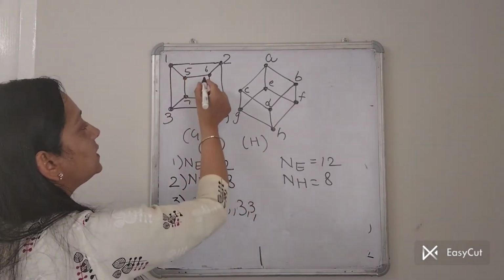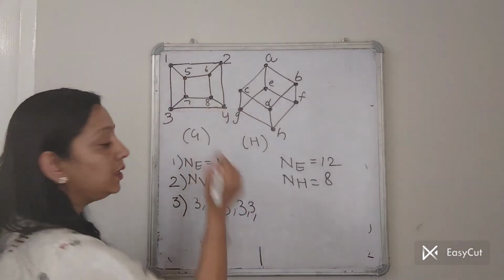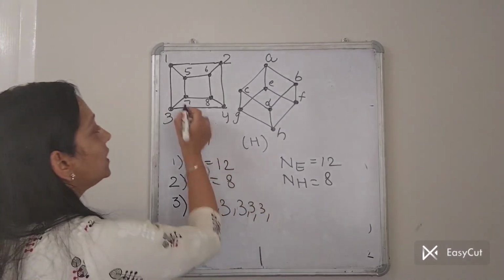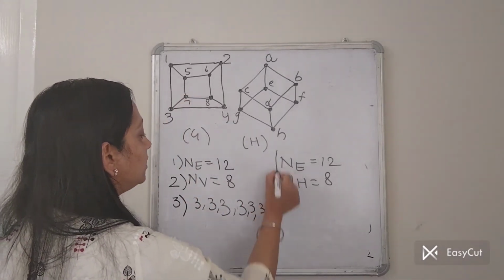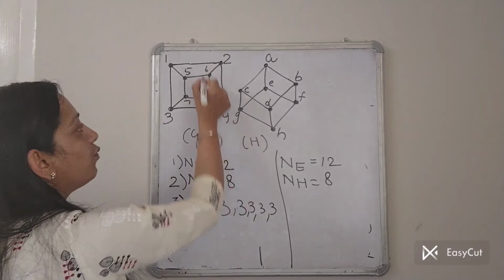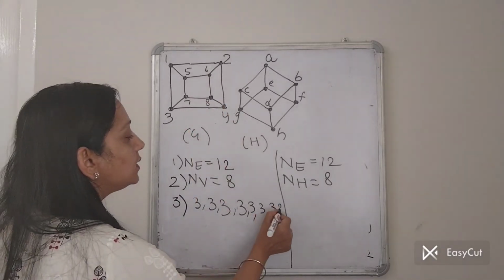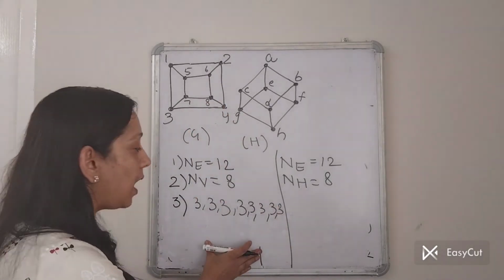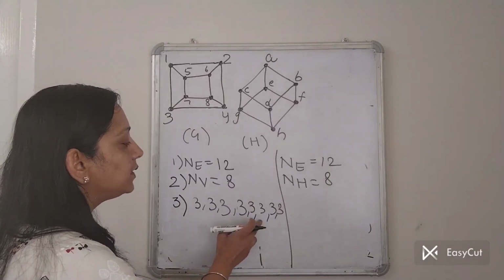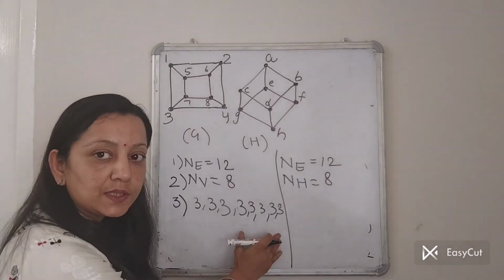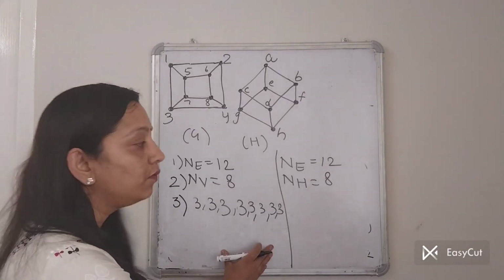For vertex 6, 3 again. For vertex 7, 3 again. And for vertex 8, 3. So this is the degree sequence of graph G. There are total 8 vertices, and the degree sequence is like this, 3 for all the vertices.